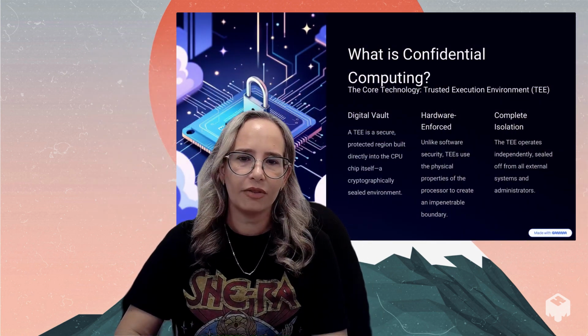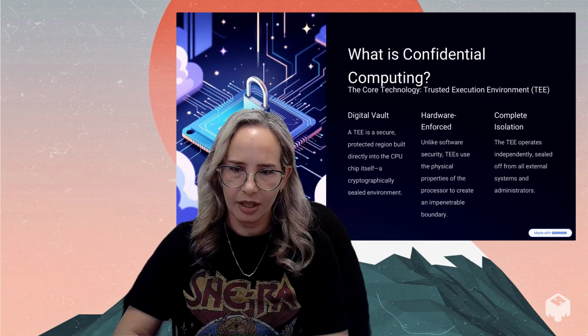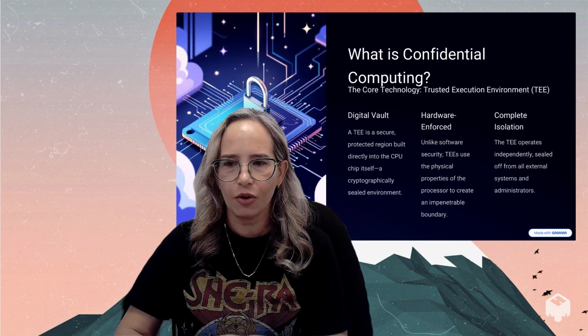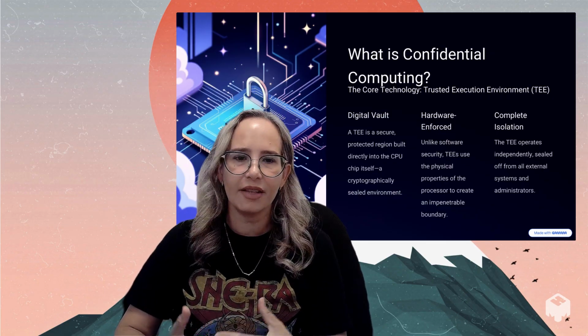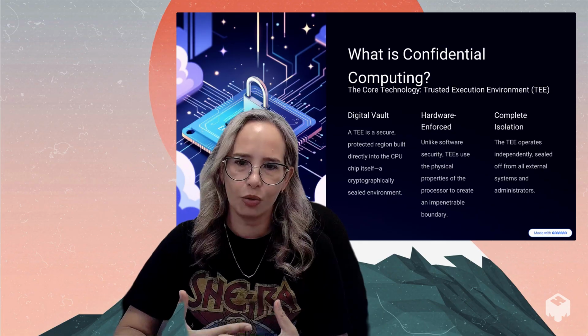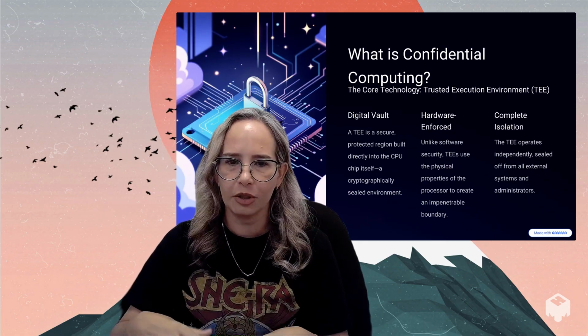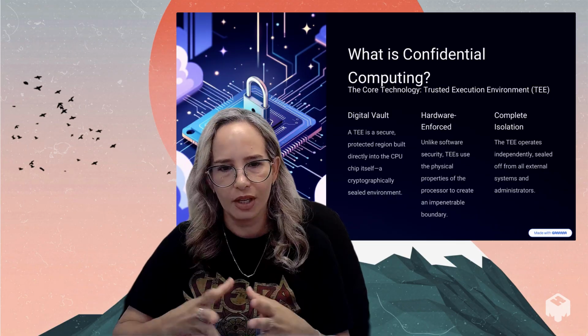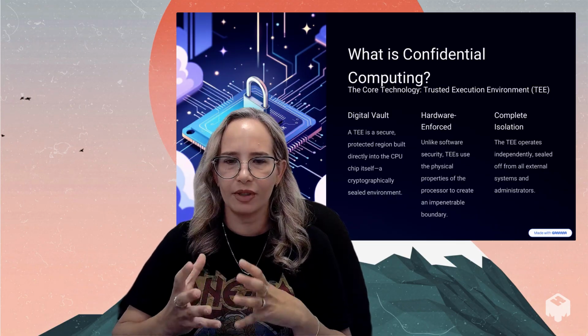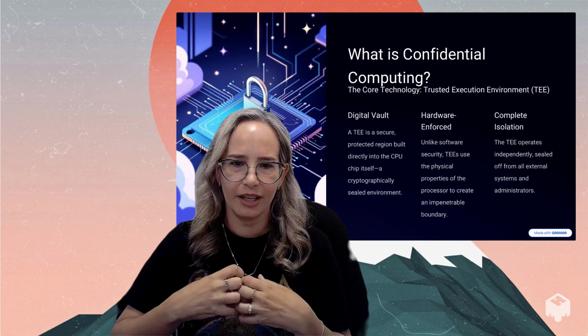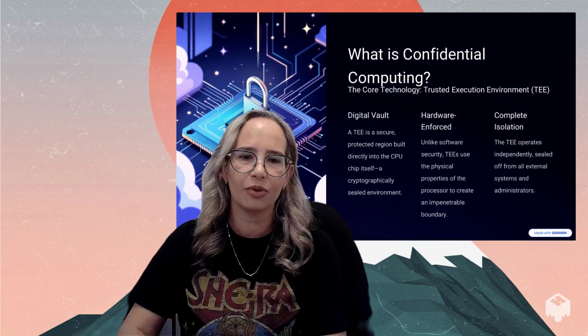So let's talk about the paradigm shift. Confidential computing, or CC, is a hardware-based solution to protect the data, not just at rest or in transit, but also while it is in use. It closes the gap in this security loop, so to speak.